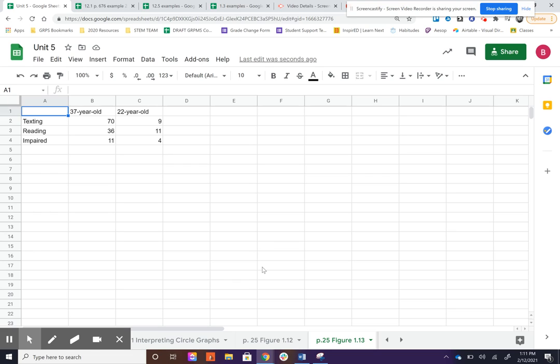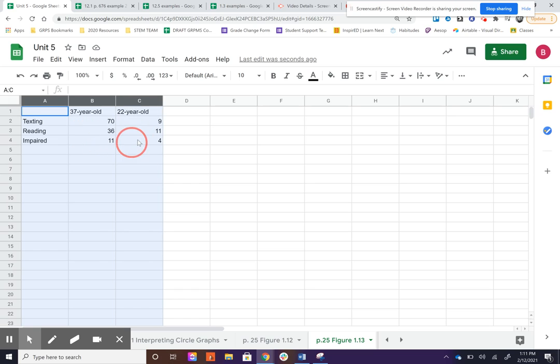So this information is the distance in feet at which brakes were applied. So this is a vehicle question. I'll let you guys and gals review the content of the question, and you'll notice that it's age and activity.